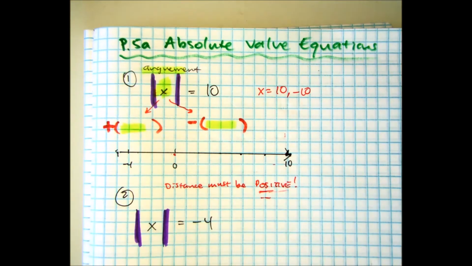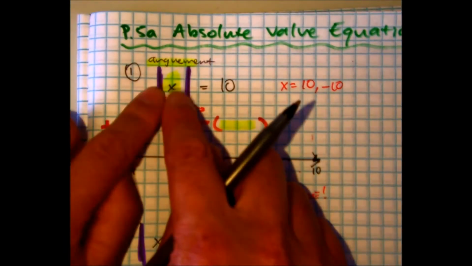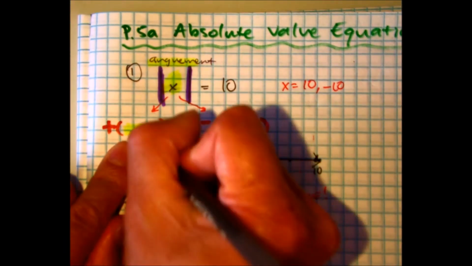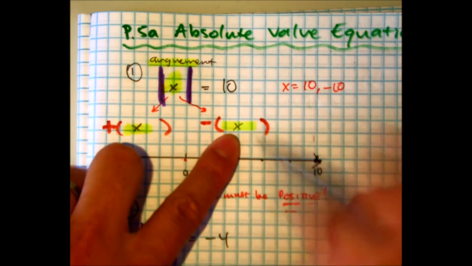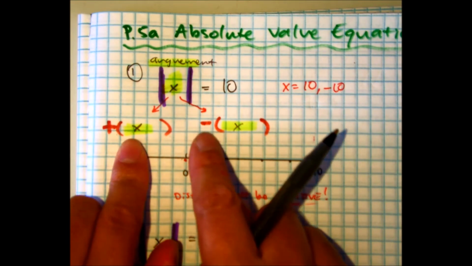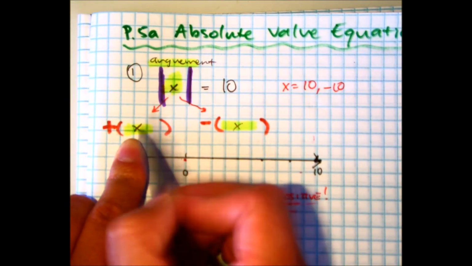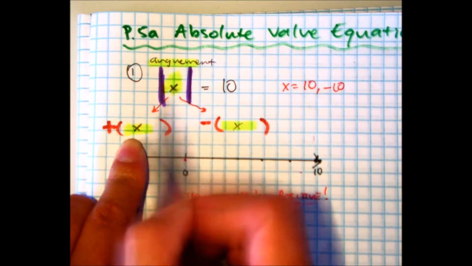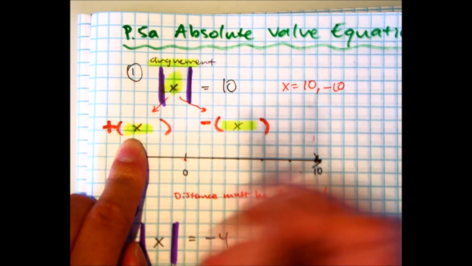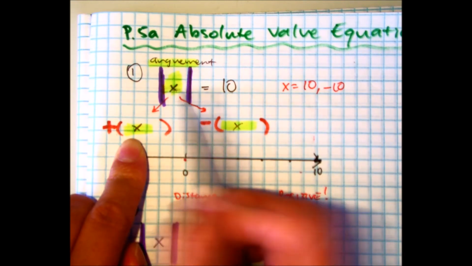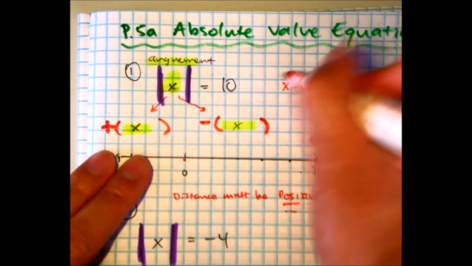Everyone say the argument. The argument, whatever's inside the absolute value sign, you make one positive with parentheses, and the other one negative. So the values that we were thinking of is 10. Because a positive absolute value of 10 is 10, and the absolute value of a negative 10 is also 10. So our answers in this problem are 10 and negative 10.